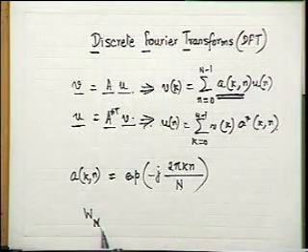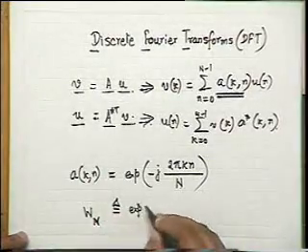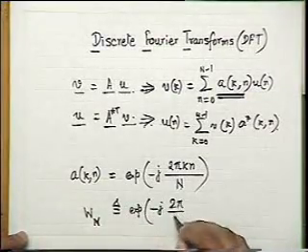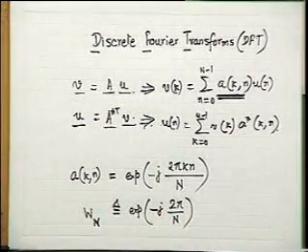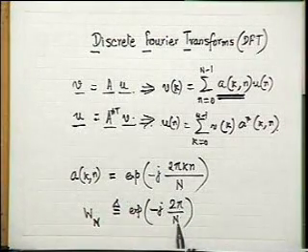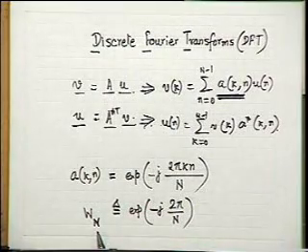So w to the base N I define by this expression, exponential to the power minus j 2 pi by capital N. This W_N is going to be the same for the entire transformation matrix, because the transformation matrix elements only change in k and small n.